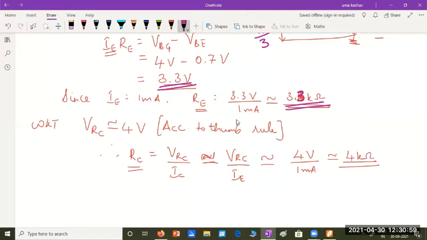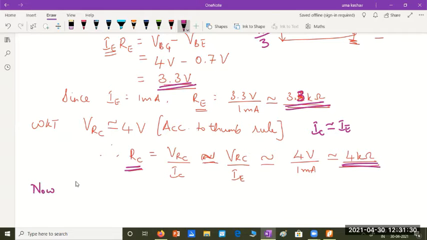I told you we can consider IC as approximately equal to IE here because IB is very small. So if I use this condition, we are doing an approximate design here. And most of the times this will hold good perfectly. We won't have any problem with this design. So you'll get approximately 4 kilo ohms for the collector resistance RC. Okay. So till here, I hope it is clear.